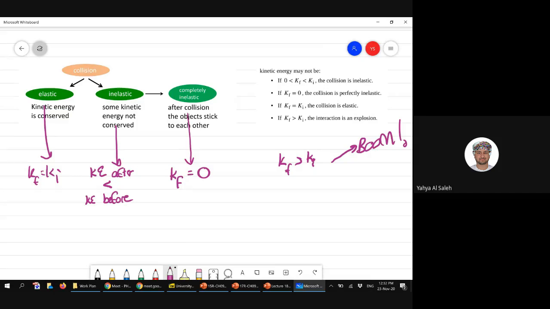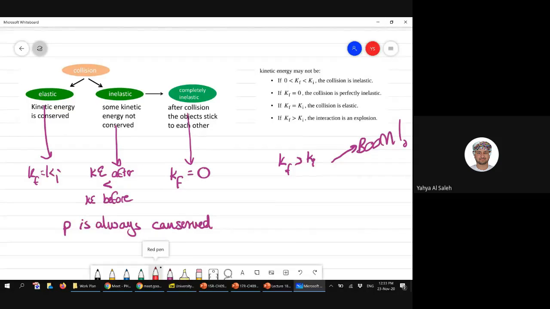Okay. So we have momentum. Momentum is always conserved. P is always conserved. We also have kinetic energy, or actually we have energy, which before we used to say that it is always conserved.